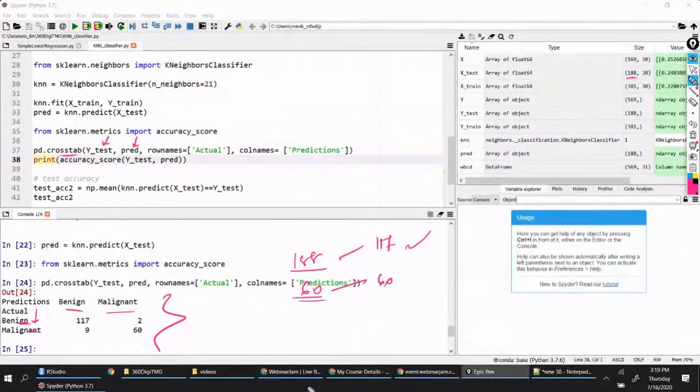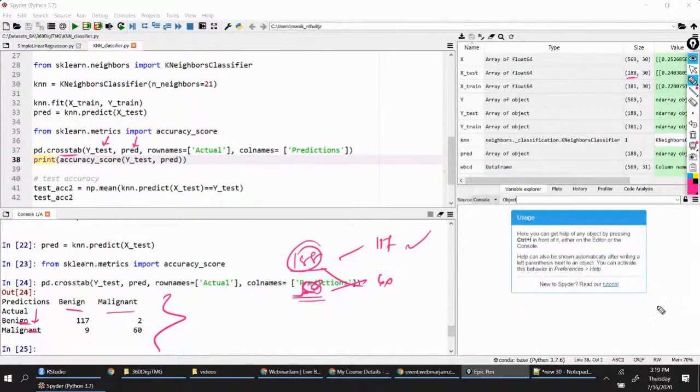Now, if I want to get the accuracy of the model, we have to add these two, 117 plus 60, divided by the total number of observations, which is 188, right? So that gives us the accuracy.